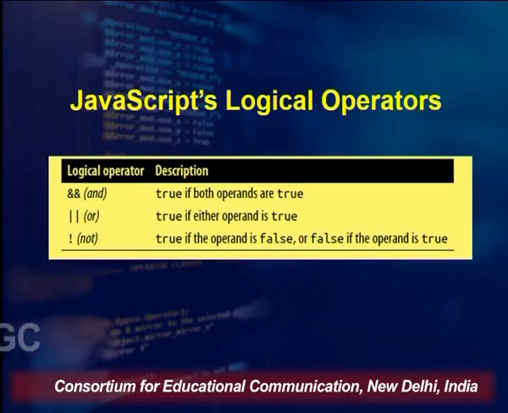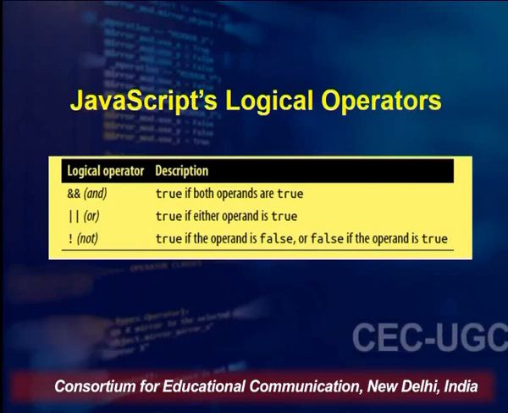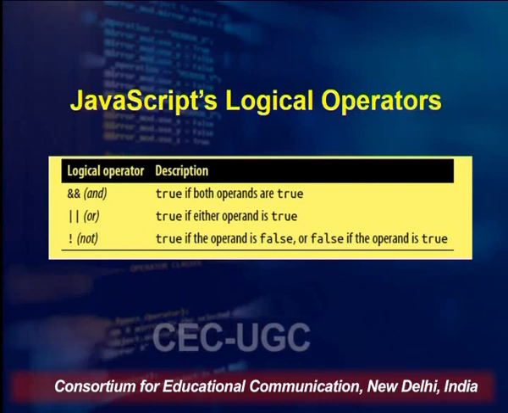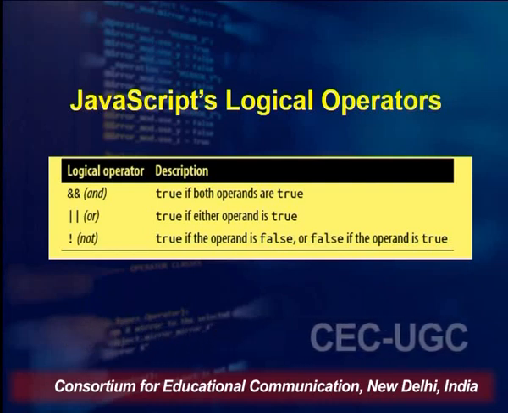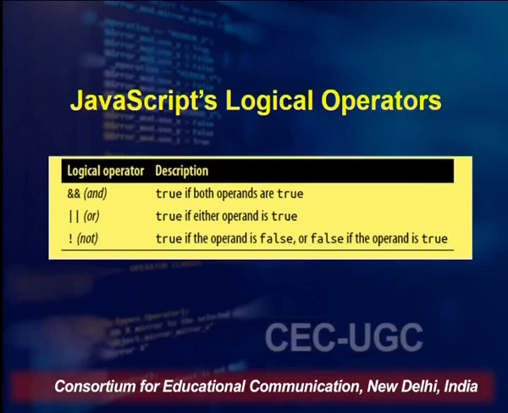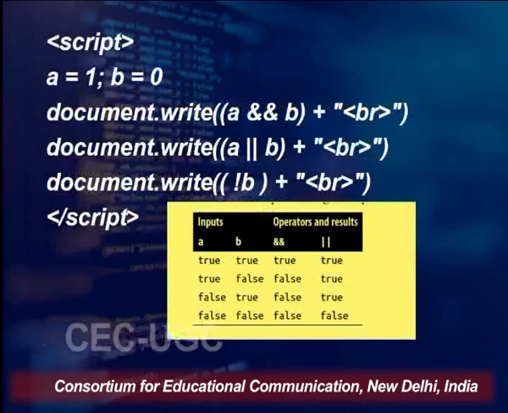The AND operator will always return a true value if both the operands are true. The OR operator will return a true value even if one of the operands is true, even if the other is false. And the NOT operator will return a true if the operand is false, and it will return a false if the operand is true. That is, it is going to return the reverse value of the operand.